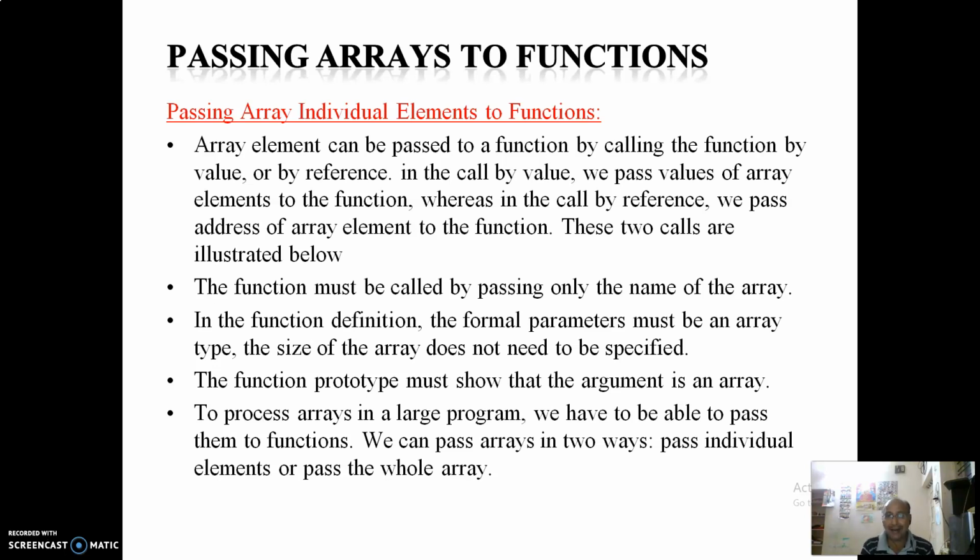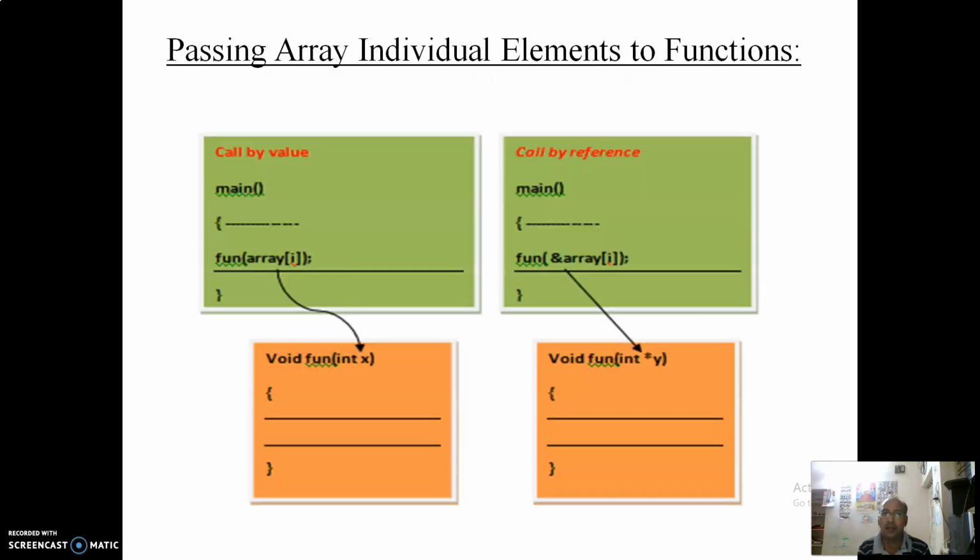To process arrays in a large program, we have to be able to pass them to functions. We can pass arrays in two ways: pass individual elements or pass the whole array. See here in the diagram, the call by value and also call by reference.